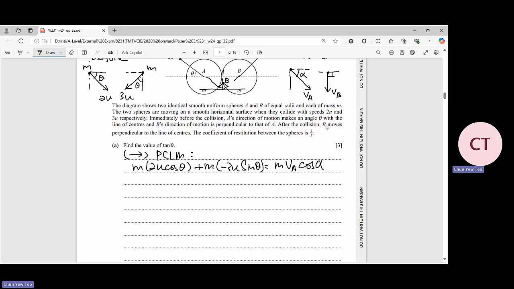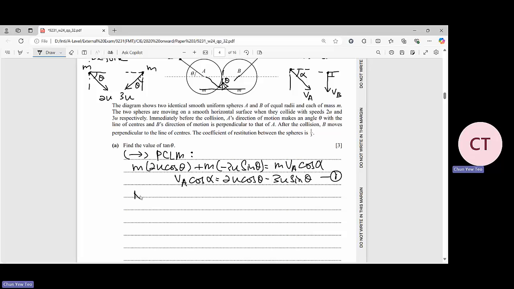The VB will be 0 because if you consider the direction that they collide, VB goes perpendicular, so VB will not be involved after the collision. So we cancel the m, then you get VA cos alpha is 2u cos theta minus 3u sine theta. We call this equation 1.